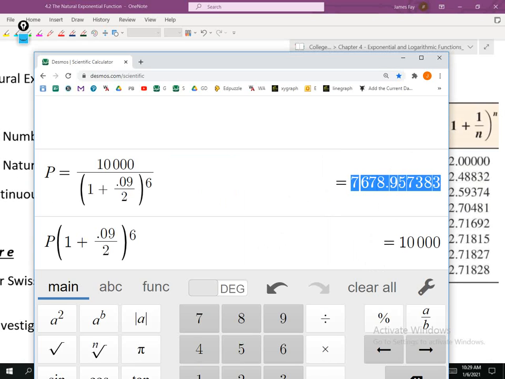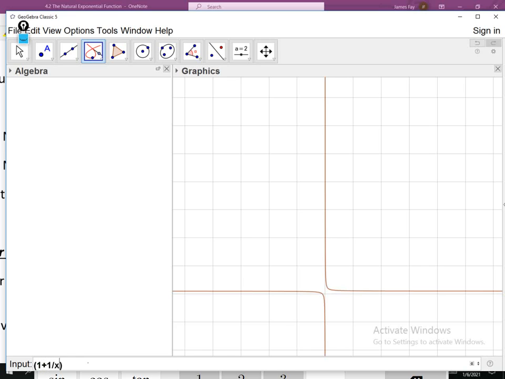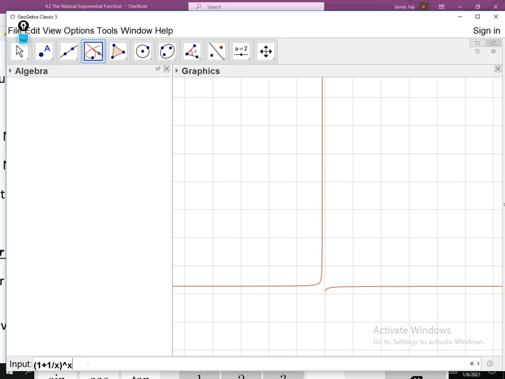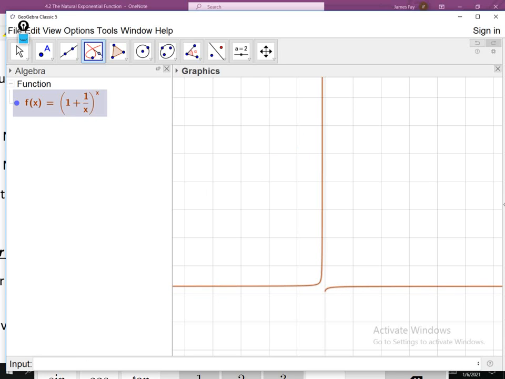So if I look at, let's see here, (1 + 1/x)^x. Get our axes back in here, maybe.